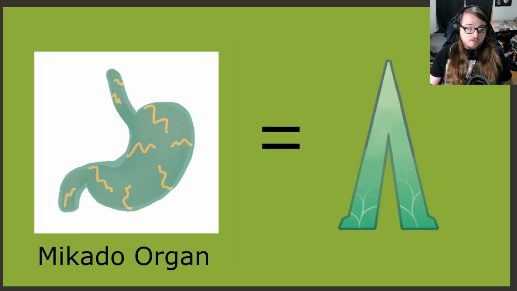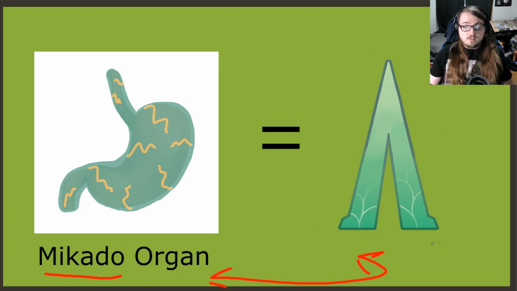Which also brings us to this. This is a poorly drawn picture of a made-up organ from a Pokemon that doesn't exist called the Mikado organ. And I think that these two do the exact same thing. This allows for Mega Evolution in some ways that we can't really comprehend.